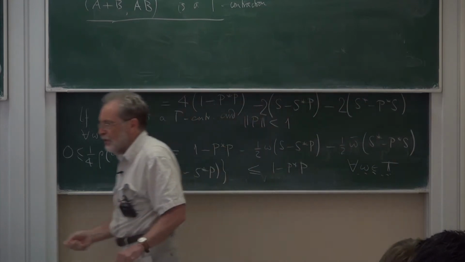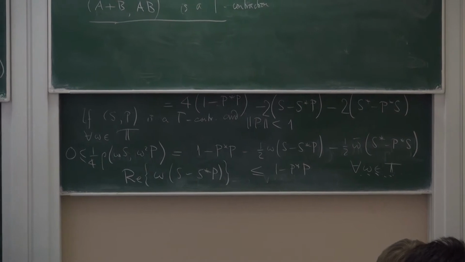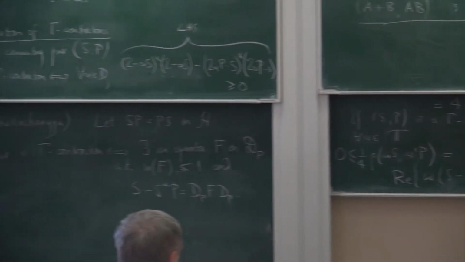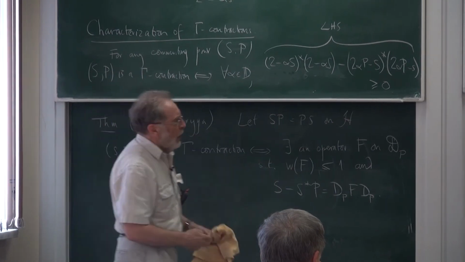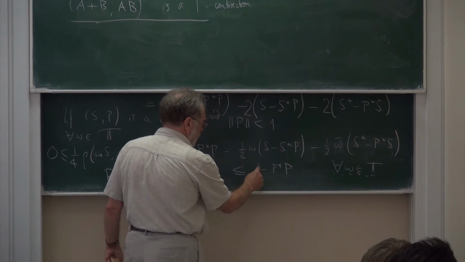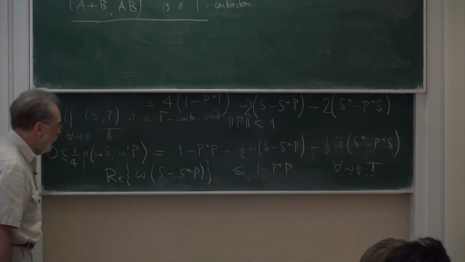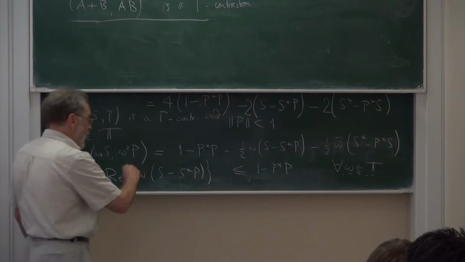So in the special case that P is a strict contraction, we can write this criterion, or at least in the case for alpha of modulus 1, in this way. And now because I've assumed that P is a strict contraction, this is boundedly invertible, and so I can multiply by the inverse of d sub p on either side.